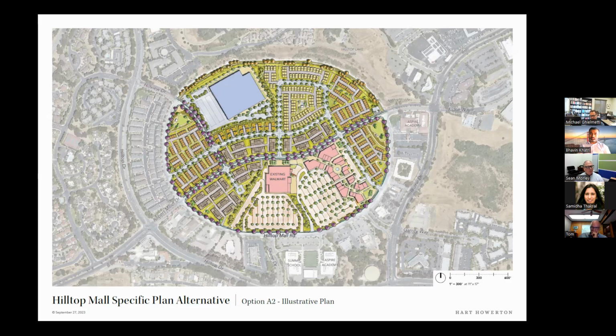It's obviously our first blush at this, and so we're going to take comments that we get from you here tonight, and comments we get from other folks, from city council members, planning commissioners, and planning staff members, to continue to evolve this plan. The retail is just a placeholder for now, and these interior streets are just placeholders. They're not the actual streets. It's to show that things work. And the parks and the recreation areas are placeholders that could grow or change or move depending on other aspects of the project.